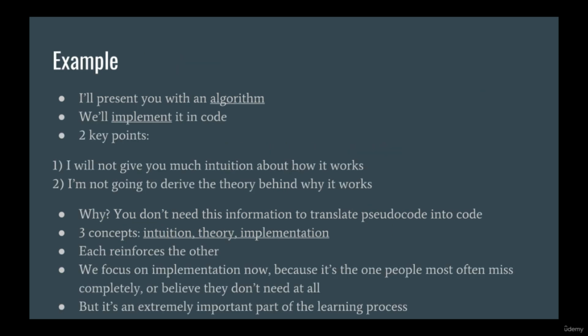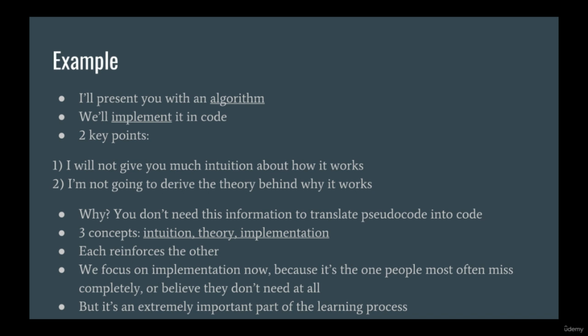Let's now do a simple example to solidify this idea. In this example, I'm going to give you an algorithm and you will implement it in code. There are two key points I want to make before I give you the algorithm. First, I'm not going to give you much intuition about how it works. Second, I'm not going to derive the theory behind why it works.